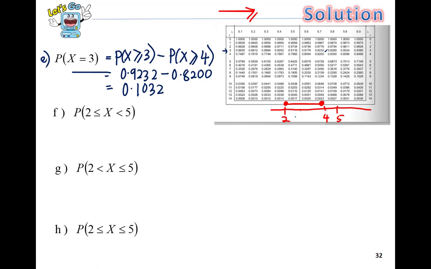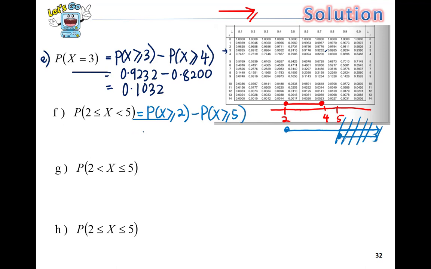So we are going to subtract. From the table, we have greater than or equal to 2. We need 2 until 4, and then we are going to subtract or reject 5 and above. This region we are going to eliminate. So our working will be probability of X greater than or equal to 2 minus probability of X greater than or equal to 5.